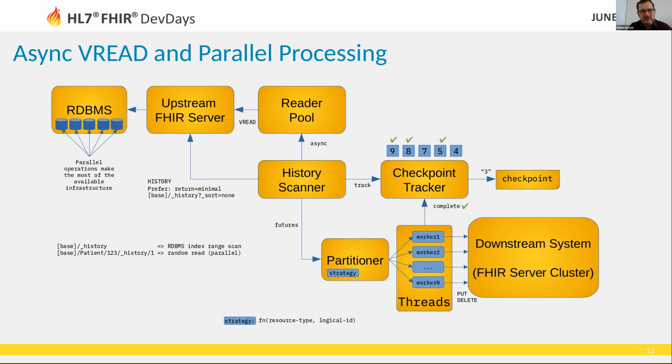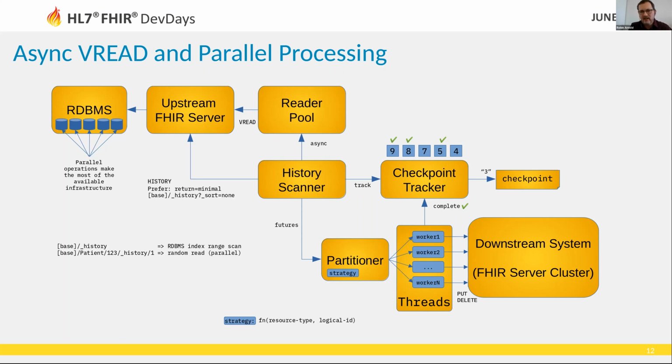So we fetch the data using the sequential scan of this index, get the metadata back, and then we throw the requests for the individual vreads, version reads, into a reader pool. Those are async operations. So we make the requests, and then we pass what are called futures, requests that have yet to be resolved, down to a partitioner.